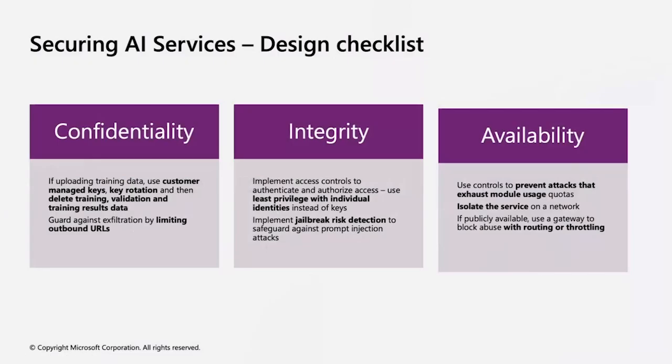Now in availability, the consideration is to use controls to prevent attacks that exhaust model usage. In OpenAI, we have a model quota. That quota we use for performing processing activities.